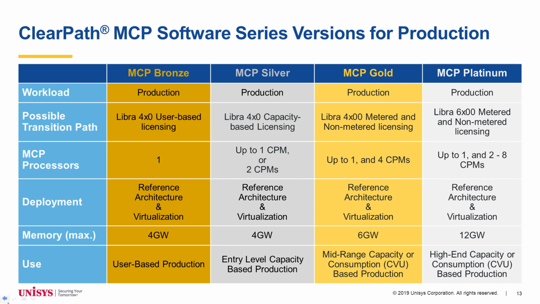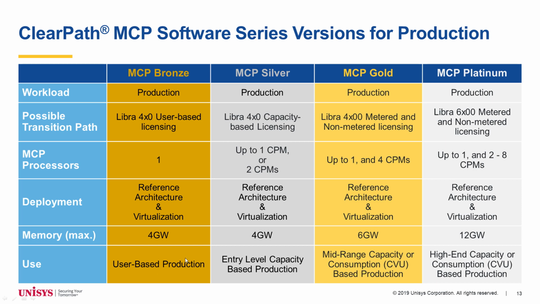Gold was 2 times the capacity that you had with Silver. So 1 CPM of Gold is 2 times 1 CPM of Silver. And so placing Platinum in there, it's 1.5 times Gold, and you can have up to 8 CPMs with 12 gigawords of MCP memory available to you.